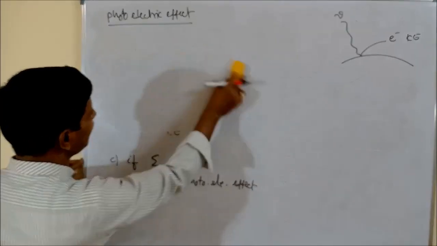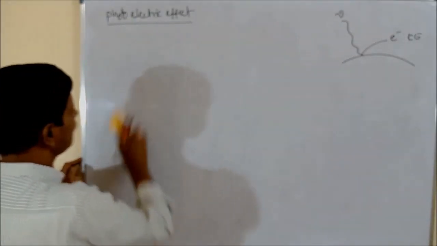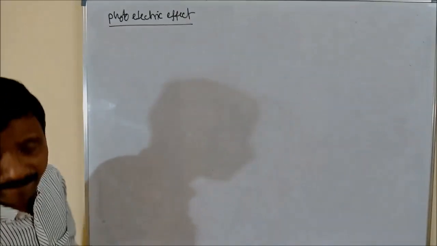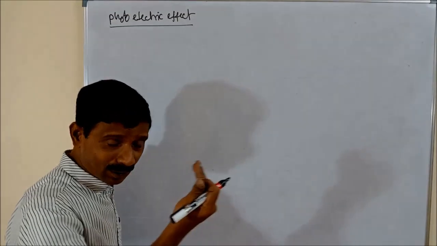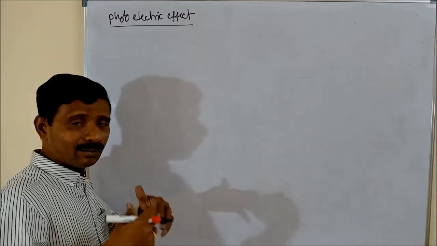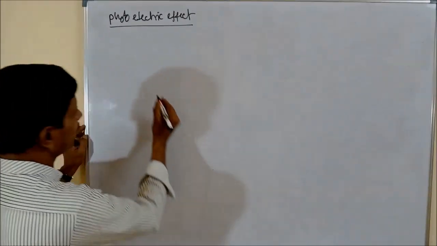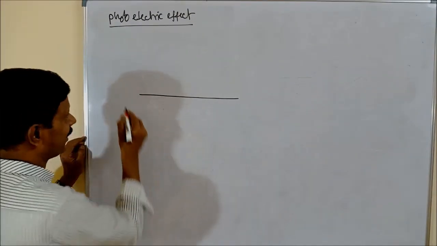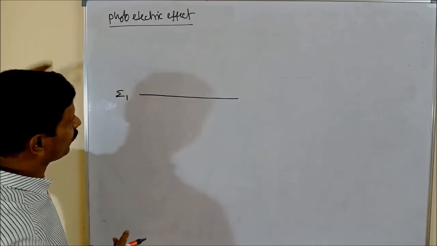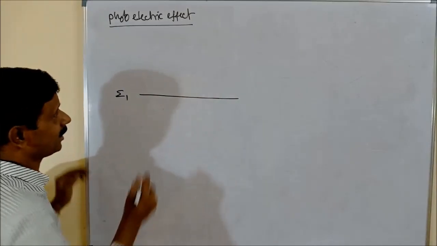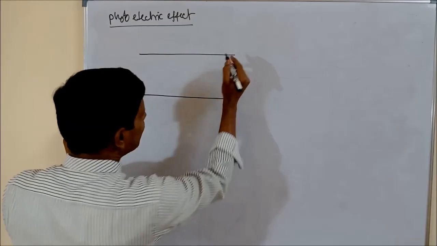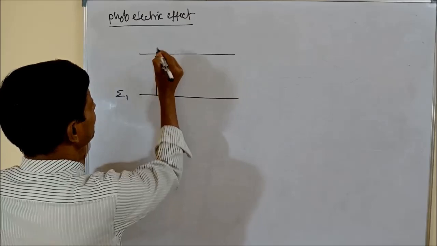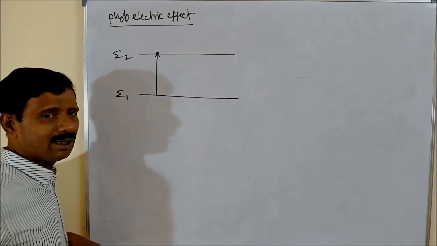If the incident energy is less than the threshold energy, that energy is definitely absorbed by the electron, but the electron is not able to eject out. Instead, it is already present in an orbit or energy level whose energy is E1. Now we are providing insufficient energy, so instead of escaping out, it is going to excite to a higher orbit where the energy is, let it be, E2.